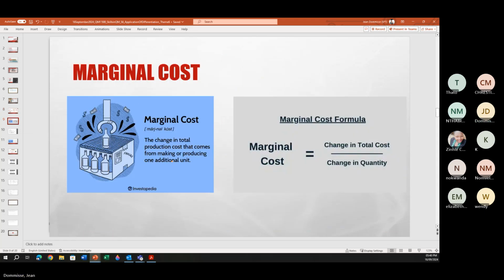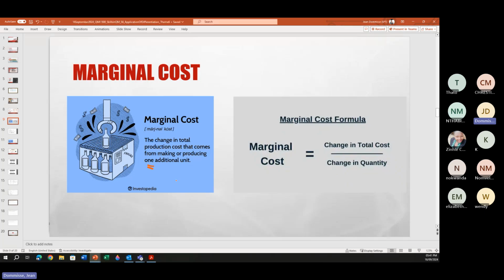Then the definition around marginal cost. Marginal cost is basically the change in total production cost that comes from making or producing one additional unit. So what will it cost you when you create 10 products?